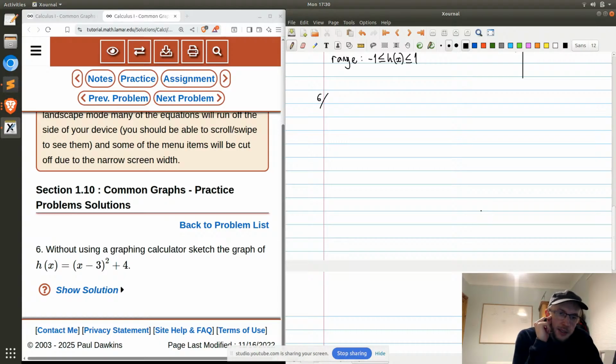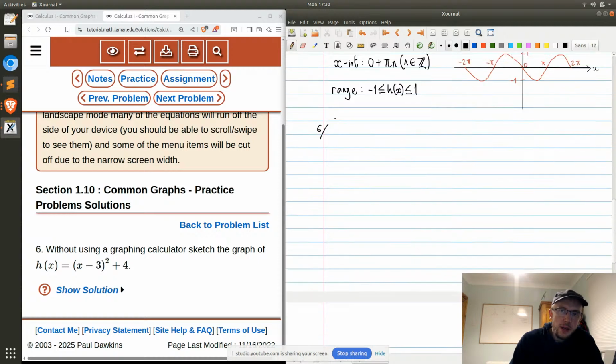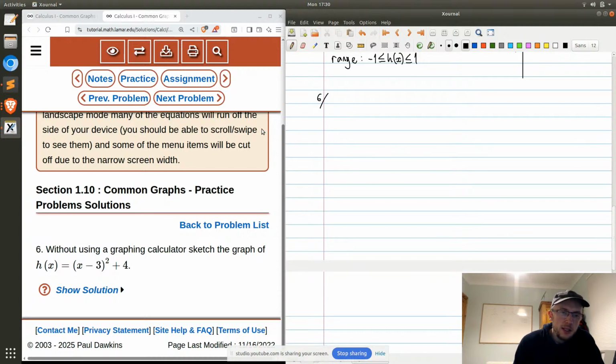Well, if I expand it, I'll get... There was some way to very quickly get the points that you desire from this. Anyway, we can just think of it as the x squared graph, but translated to the right by 3 units and upwards by 4 units. Doesn't that make sense?